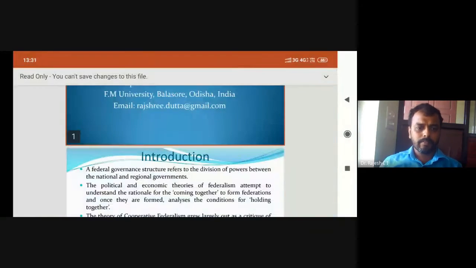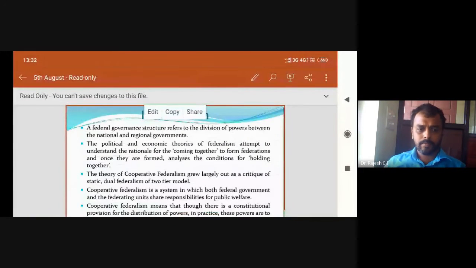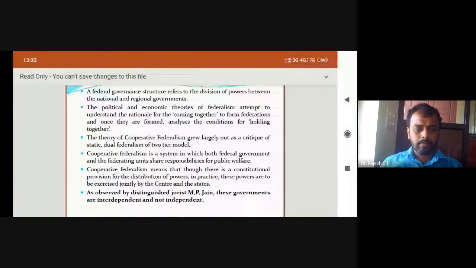To begin with, a federal governance structure refers to the division of power between national and regional governments. The political and economic theories of federalism attempt to understand the rationale for coming together to form a federation, and once formed, analyze the conditions for holding together. The theory of cooperative federalism grew largely out of a critique of the static dual federalism, the two-tier model.